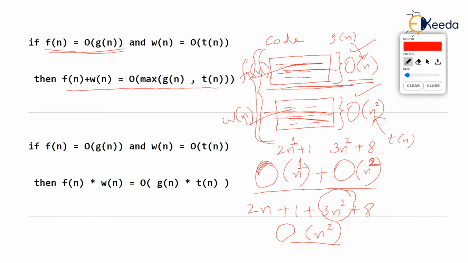So what will be big O of F of n plus W of n? If you add these two functions, if you add these two codes or the polynomials representing the codes, then you will get big O of n square. Big O of the maximum of G of n and T of n is what F of n plus W of n will be. I hope you have understood.